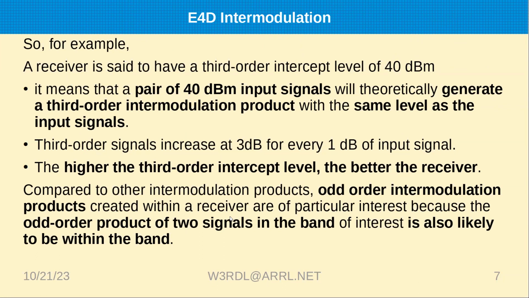So in this example, we've got a pair of 40 dBm input signals which it says theoretically generate a third order intermodulation product the same level as the input signals. So since the third order increases at 3 dB for every dB, it's going to intercept it at some point. They won't be parallel.